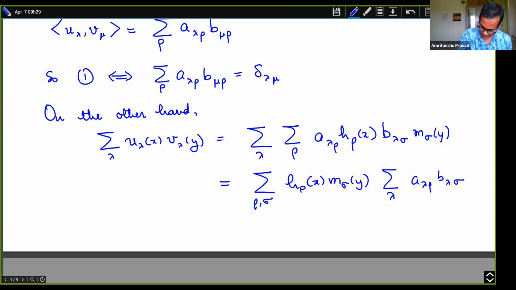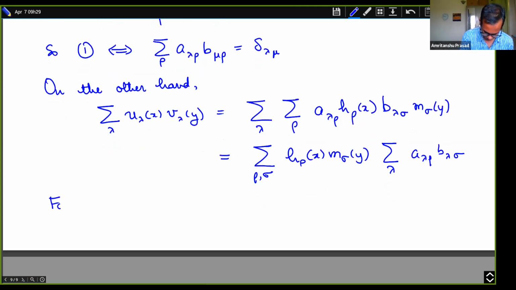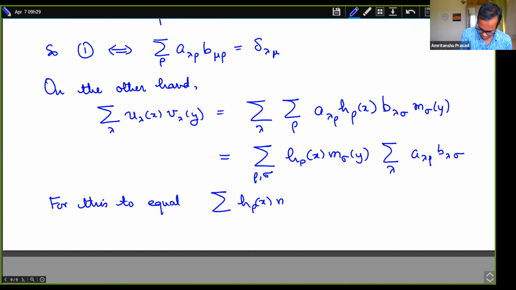Now we want this to be equal to the summation of h rho x m rho y. So we want this expression to be equal to this expression.